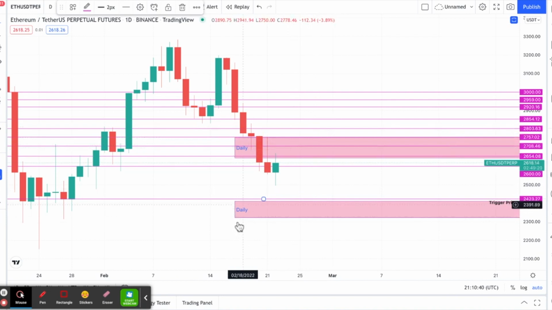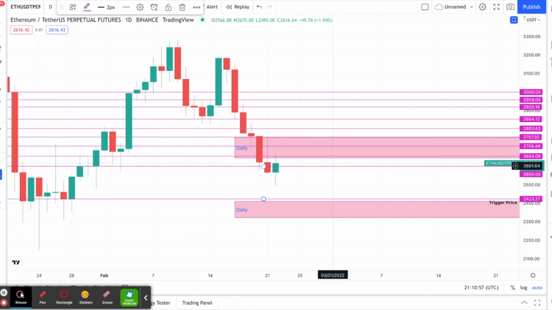So what does it do? It does a market buy for everything at 2,423. It will not sell one until you hit your first grid level, which is about 2,600.